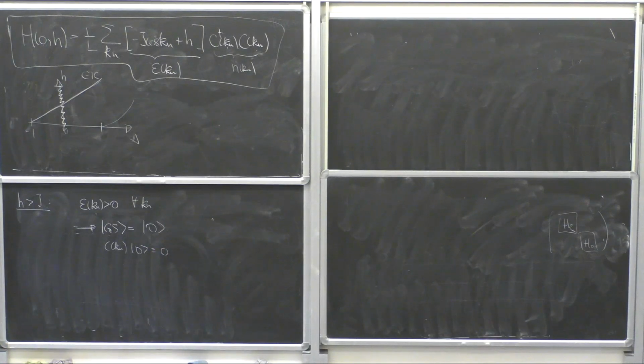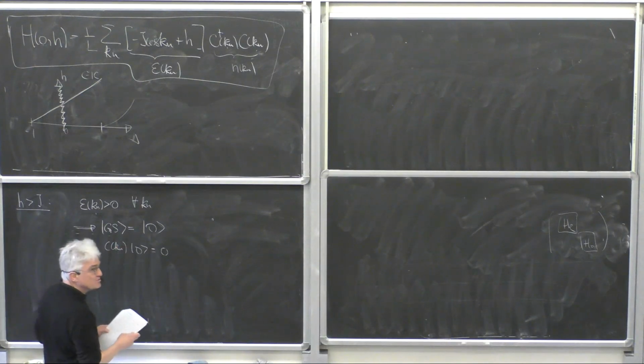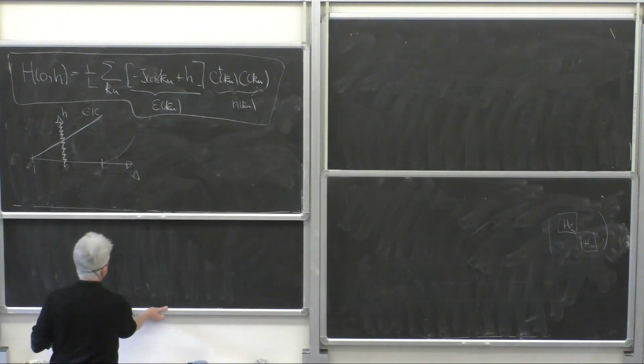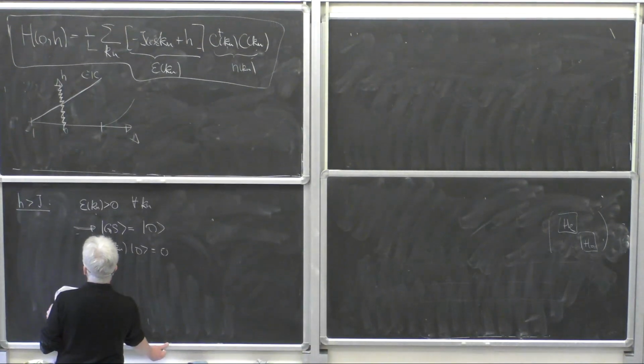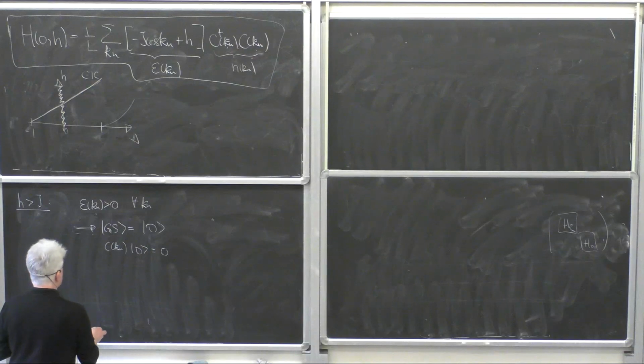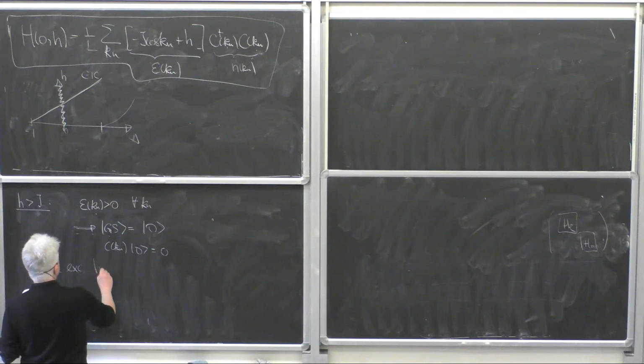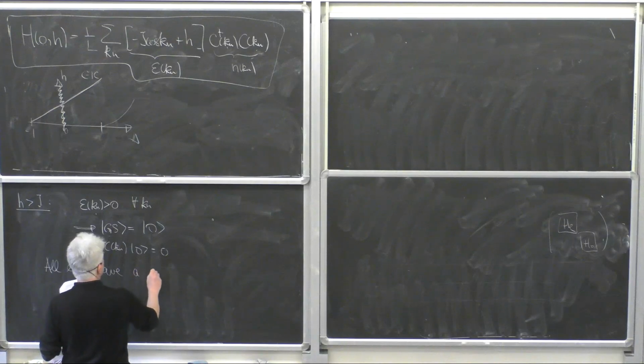Yeah? And again, I will have one fermion vacuum if I have an even fermion number and a different fermion vacuum if I have an odd fermion number, so to speak, in the problem. So all excitations have a gap here.